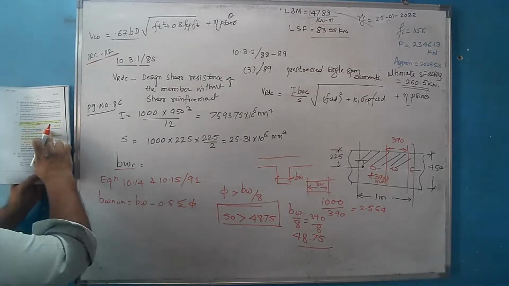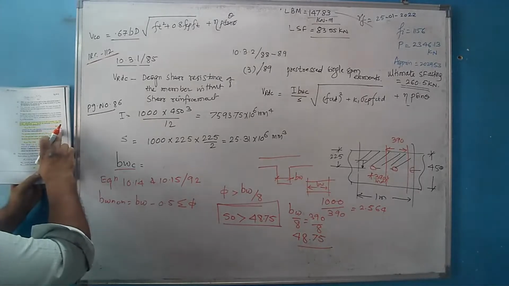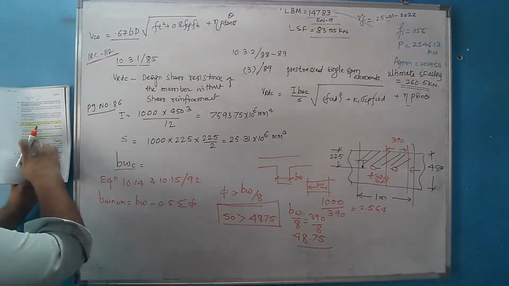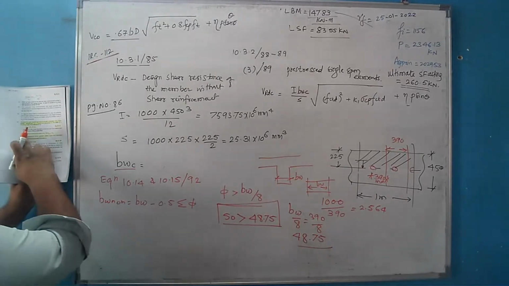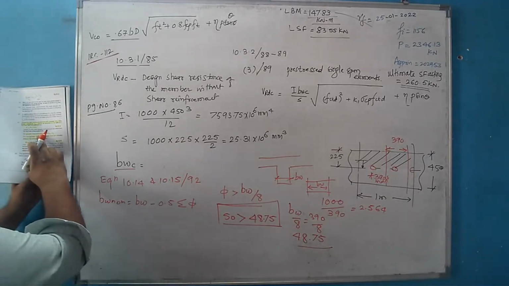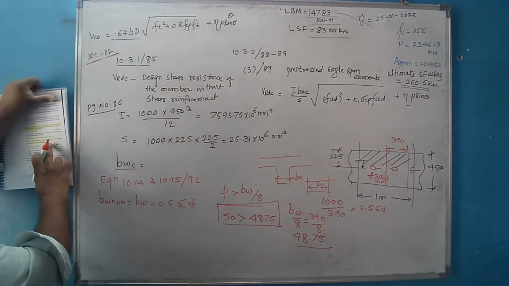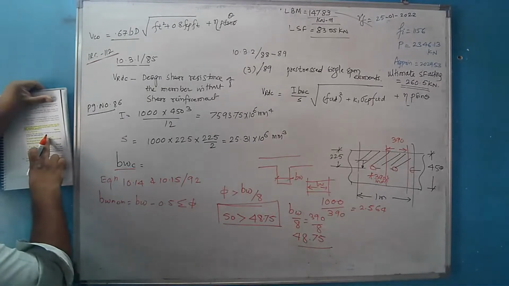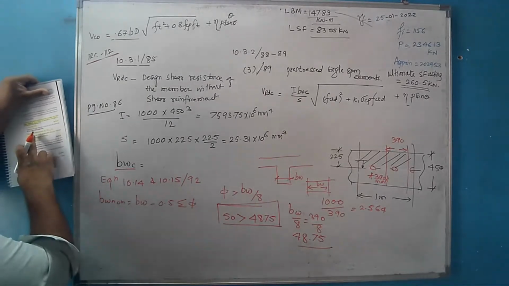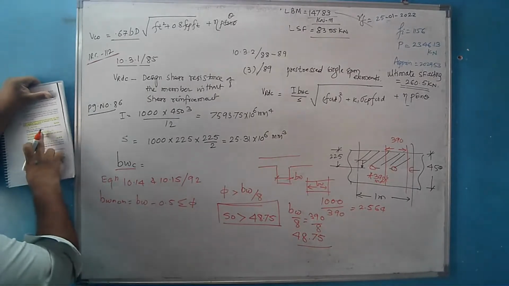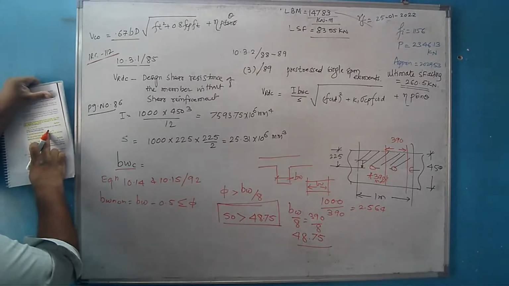Where phi is the outer diameter of the duct and sigma phi is determined for the most unfavorable level. This is for the grouted duct. Grouted duct के लिए BW nominal is equal to the metal duct grouted, where phi is less than BW divided by 8.